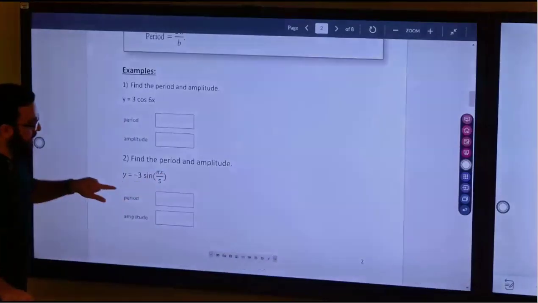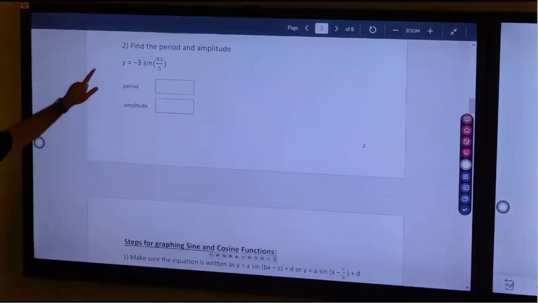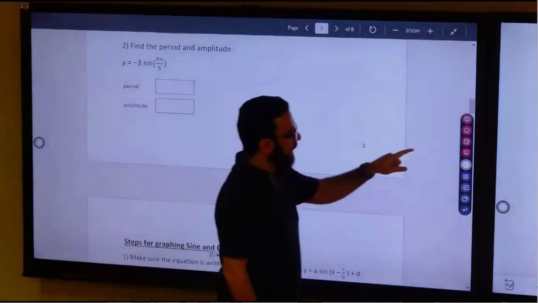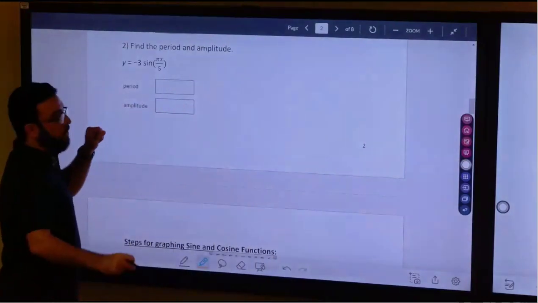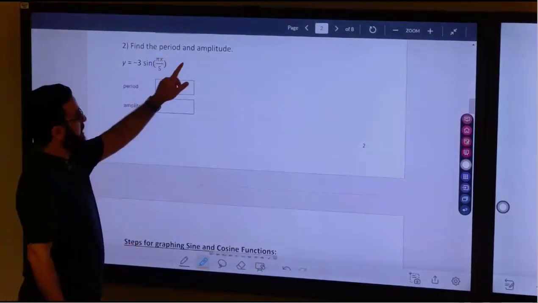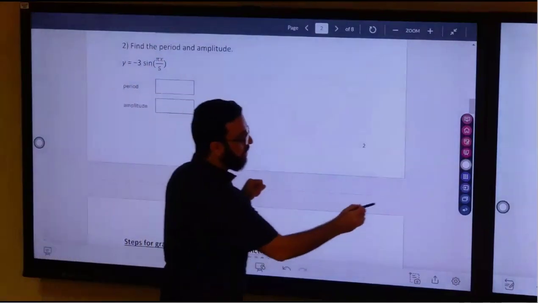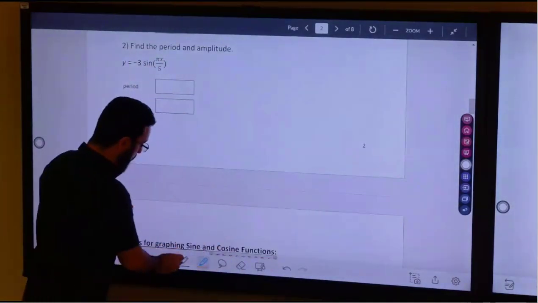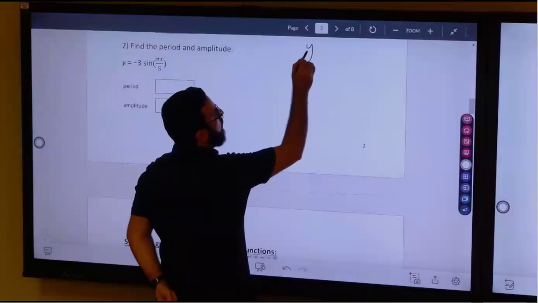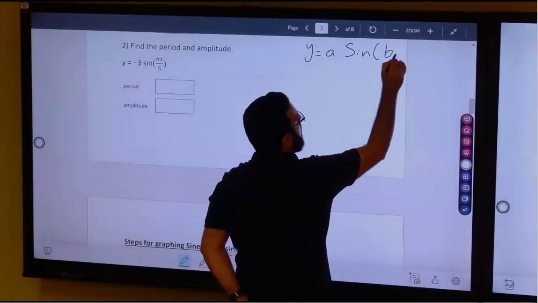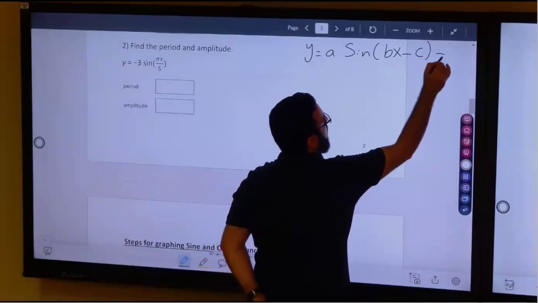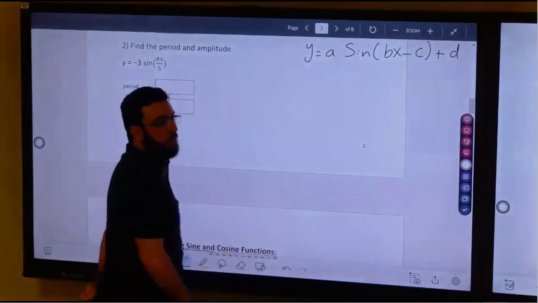It's a good try. So let's check this one. First of all, I can see sine, right? Look here, I can see sine. So I'm going to write down the general form for the sine, which is y equals a sine of bx minus c, plus d. Yes or no? Yeah.